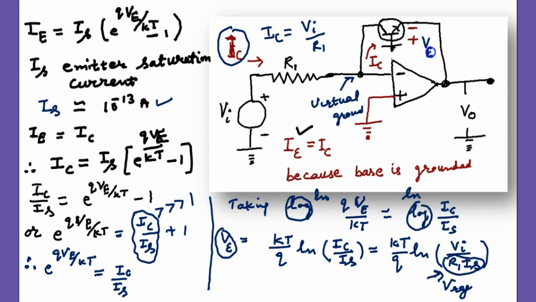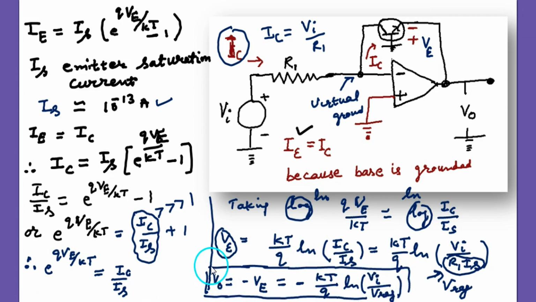The output voltage V0 equals this minus VE, and substituting the value of VE here, this is the last expression: the output is proportional to the logarithm of the input voltage.